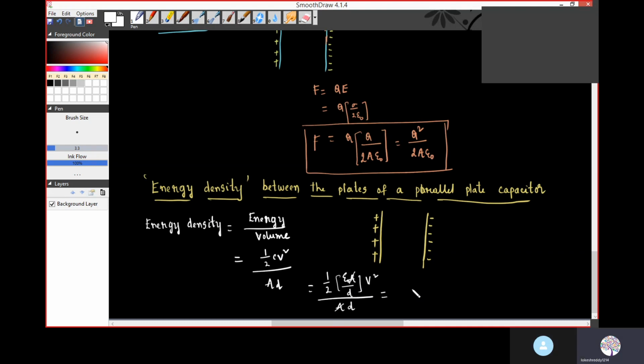So you get half epsilon naught into V square by D square.